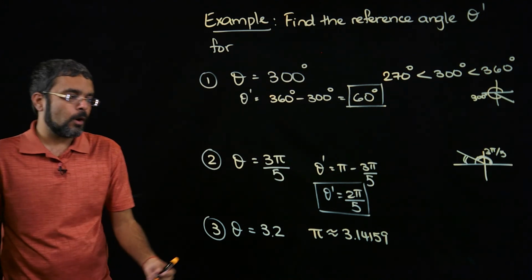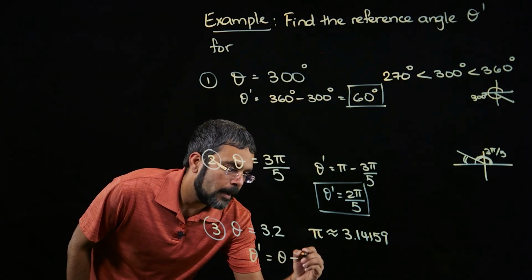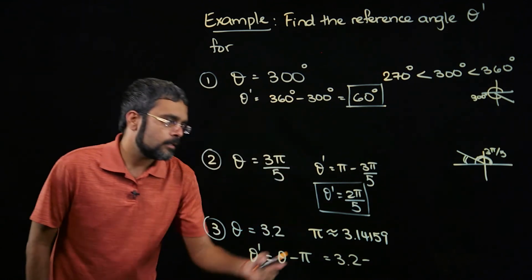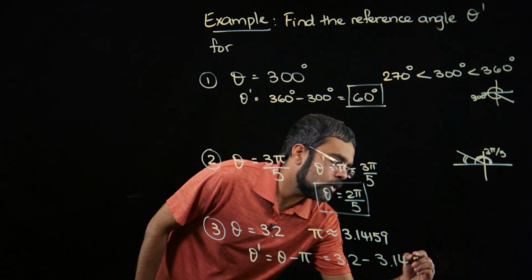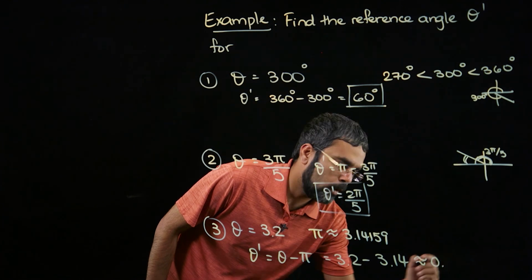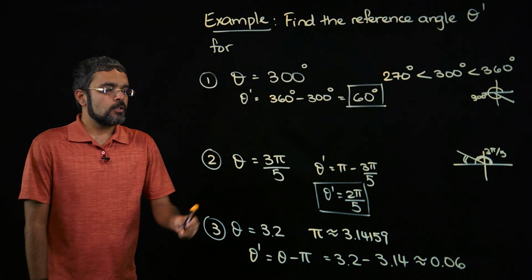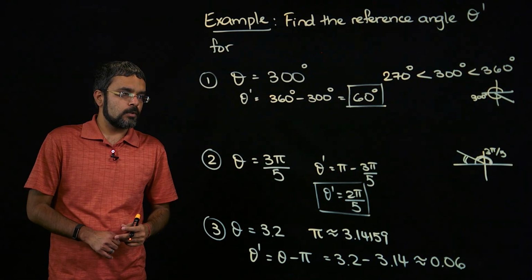If it's in the third quadrant, we know that theta prime is going to be theta minus pi, which is 3.2 minus roughly 3.14, and that gives you 0.06. So the reference angle for 3.2 is going to be 0.06 radian.